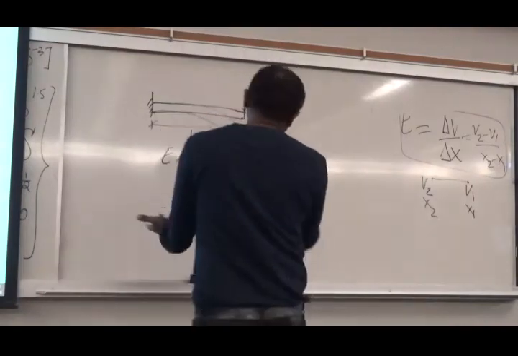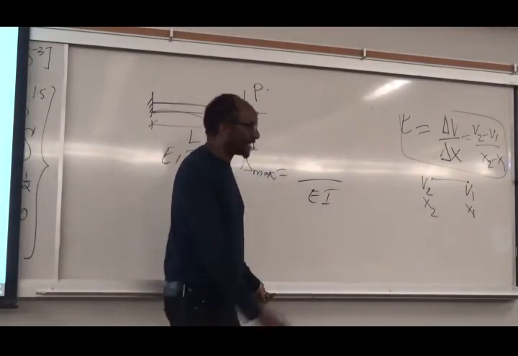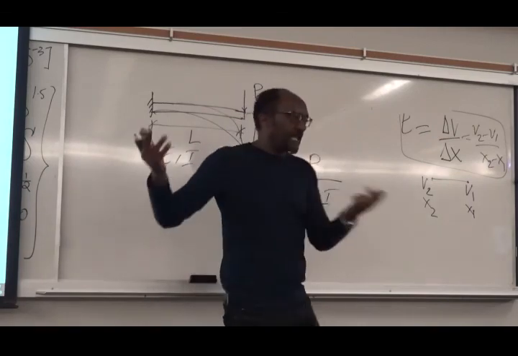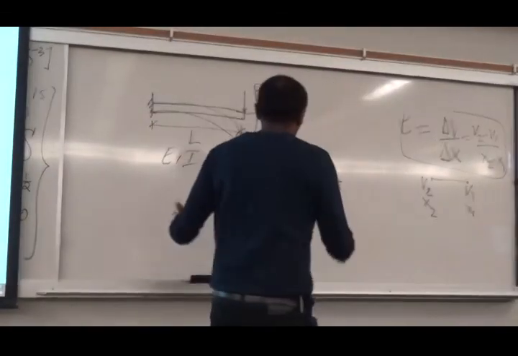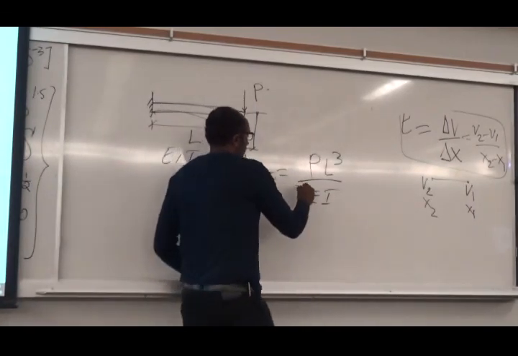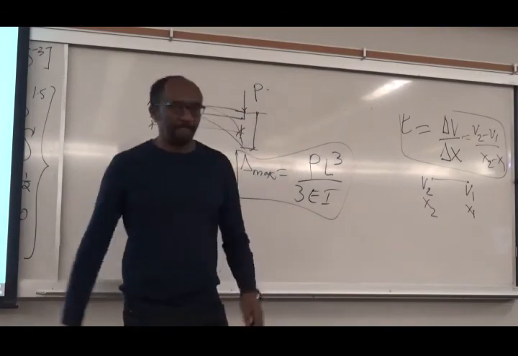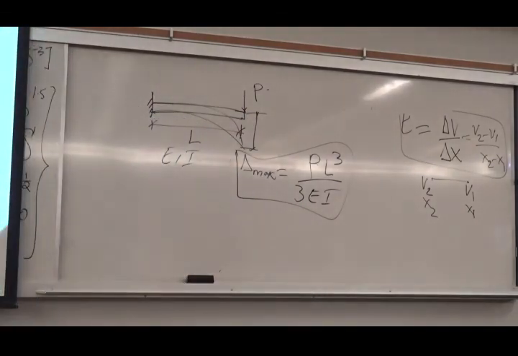It's going to involve these variables. Typically EI will be at the bottom, right? And the load should be on the top because it's linearly proportional to the load. And then the length should be here. So PL cubed over 3EI. Please remember this formula. When somebody asks you on a job interview, remember this one.